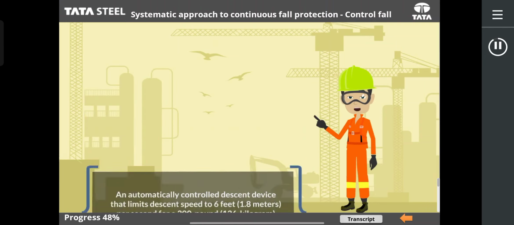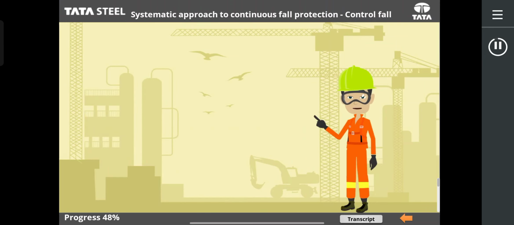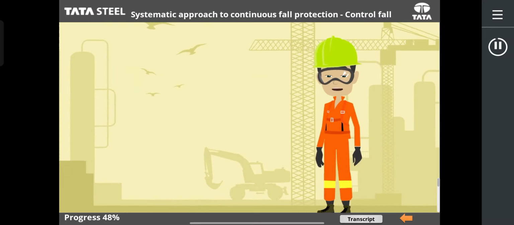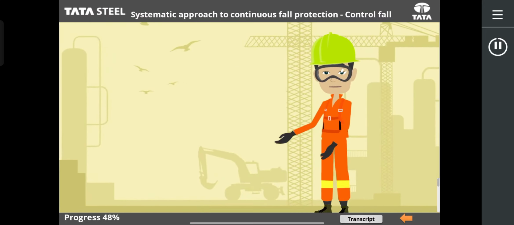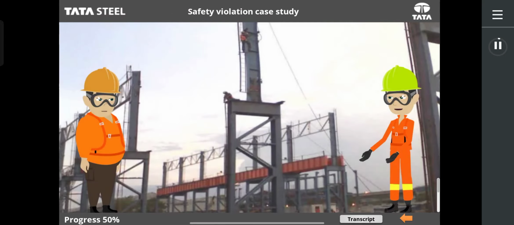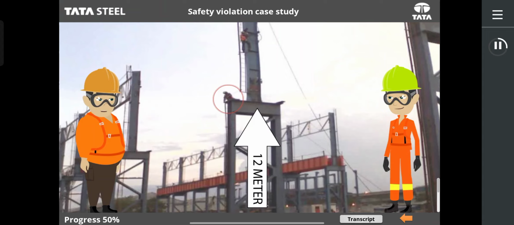Before we move on, let us look at a photograph of a safety violation in a plant. Can you identify the area of safety violation? Yes. I can see that the worker is removing his lanyard so that he can move to the next ladder.